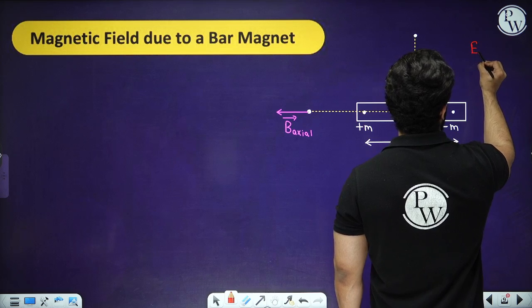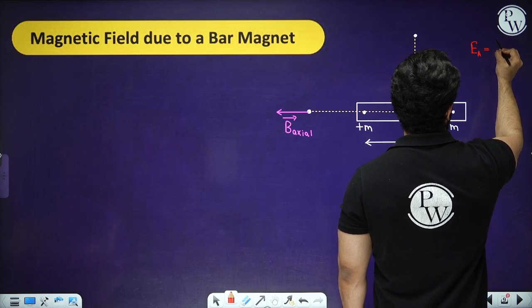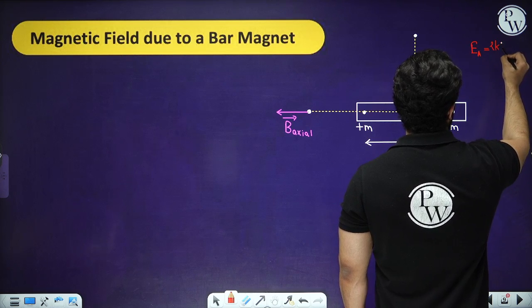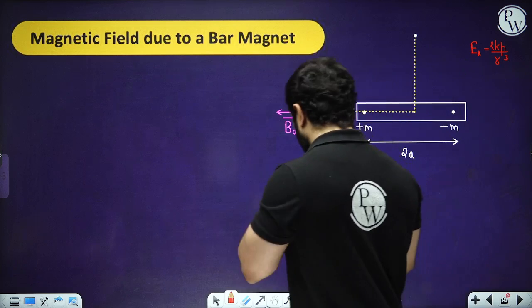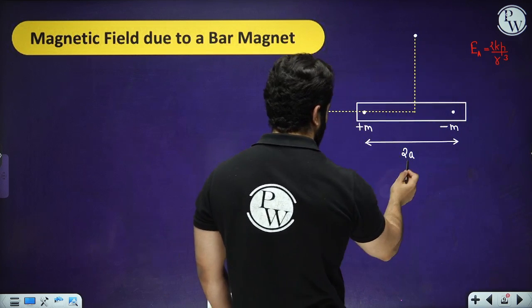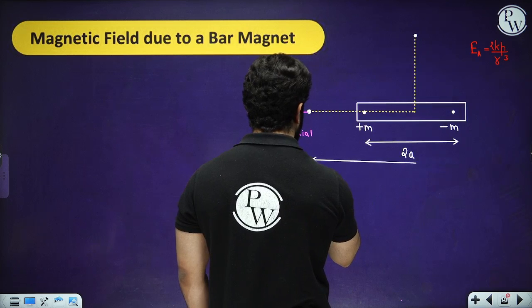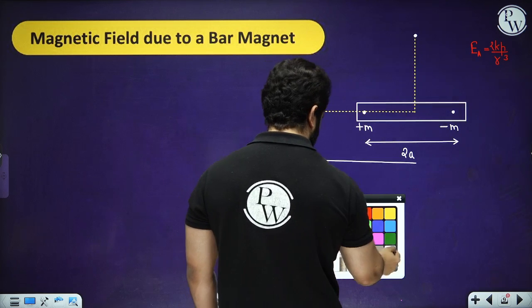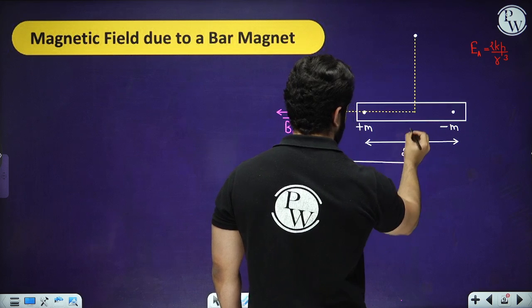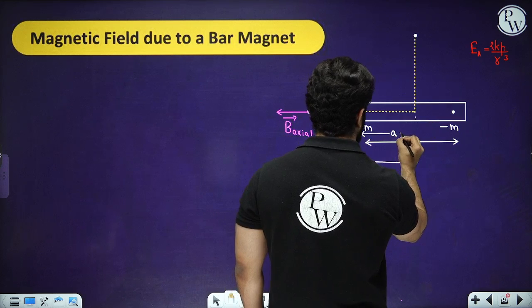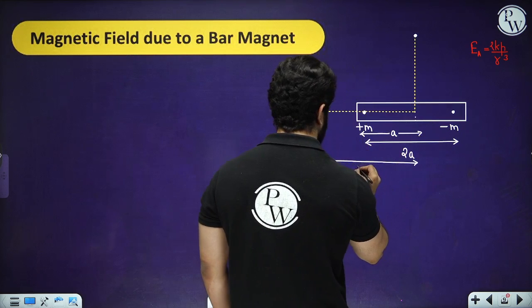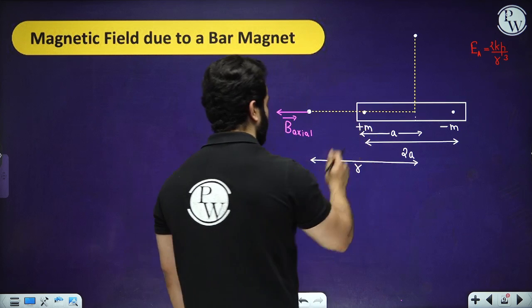Electric field at an axial point was written as 2 K P upon R cube, isn't it? Let's say this is also from the midpoint, this is also R. This is going to be A. So this is R, so this is going to be R minus A.